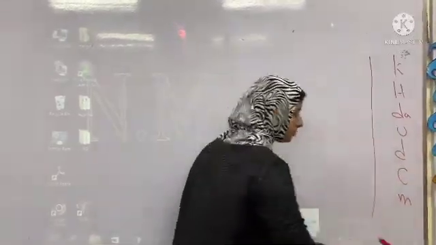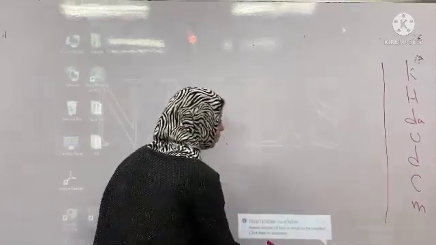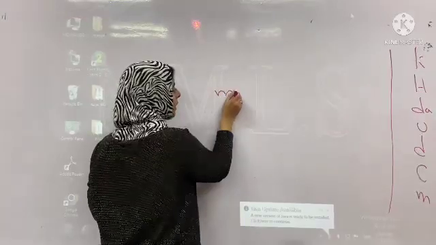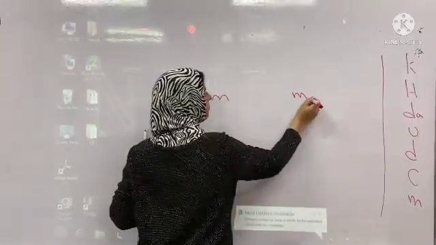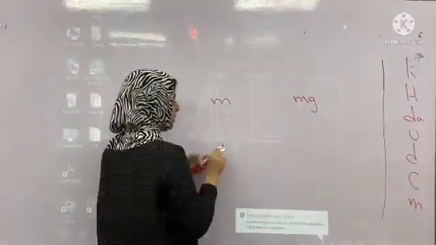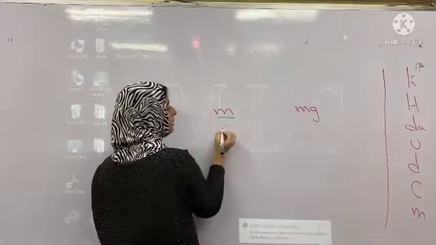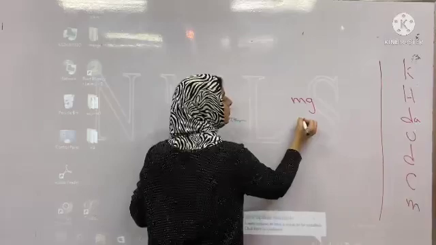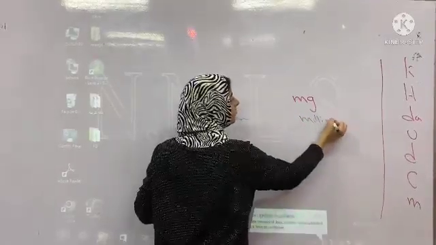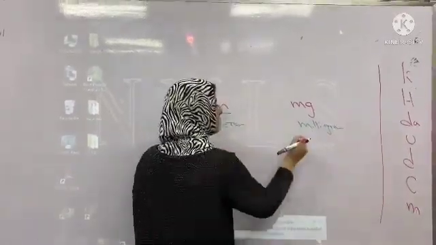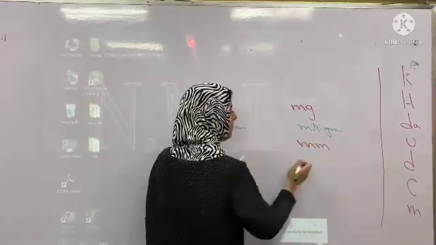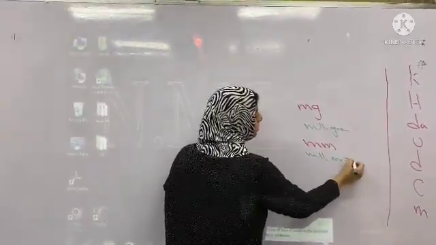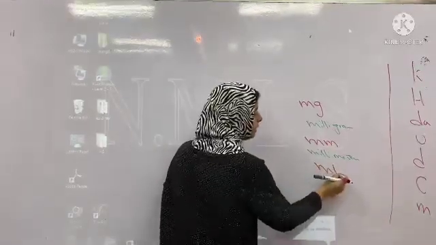So I have here a small note for you, Junior 4. What is the difference between M and MG? So M means meter, but mg means milligram, and mm means millimeter, and ml means milliliter.